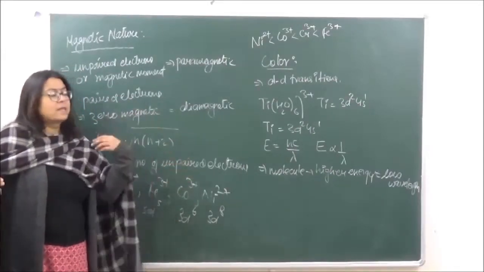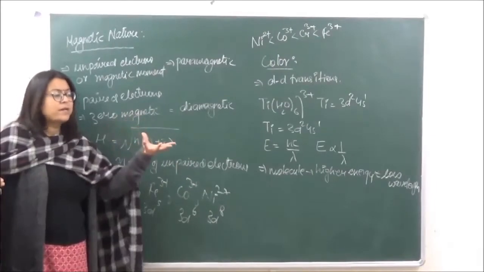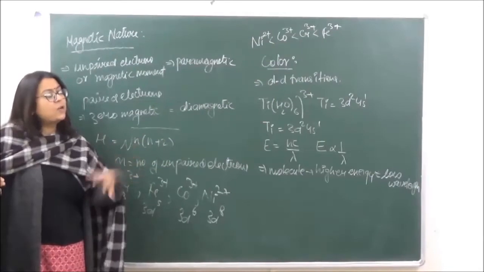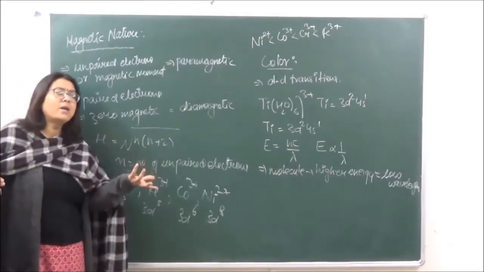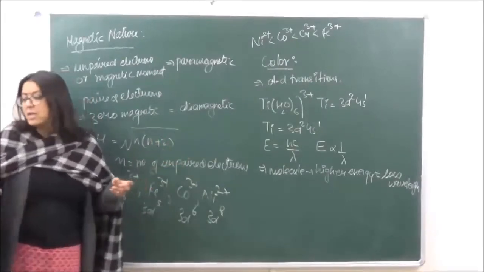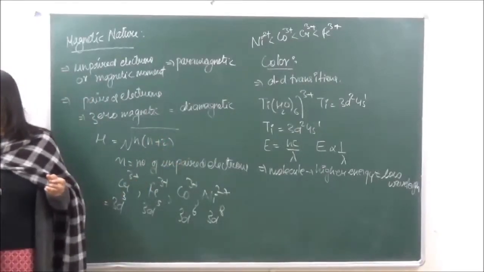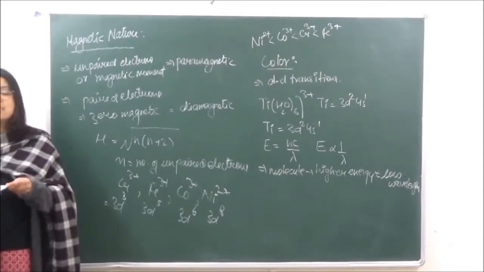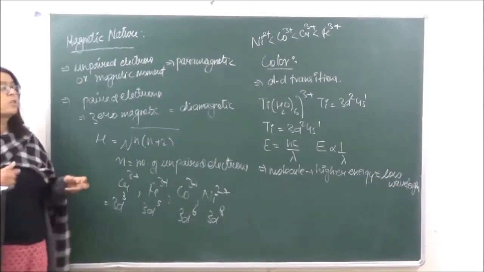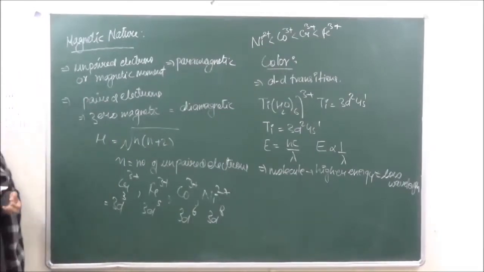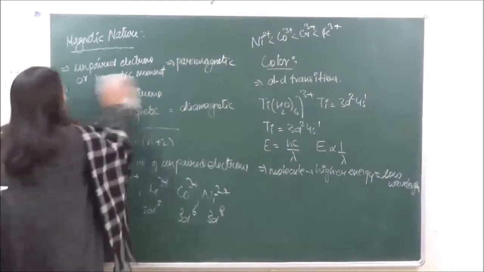If it is absorbing more energy, obviously it will emit radiations in the lower energy, and lower energy is equal to what? Higher wavelength. ठीक है? So on the basis of this, there is one complementary or a color wheel which has been designed in order to tell us the radiations which are absorbed and the radiations which are going to be emitted. So let's see what this color wheel is all about.